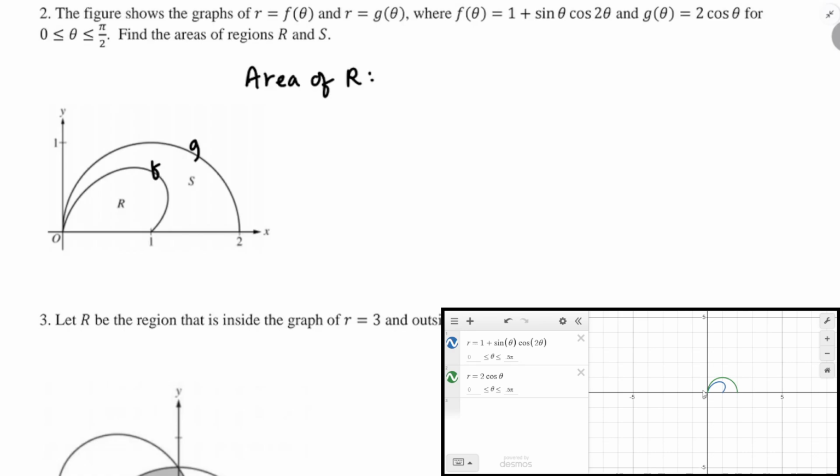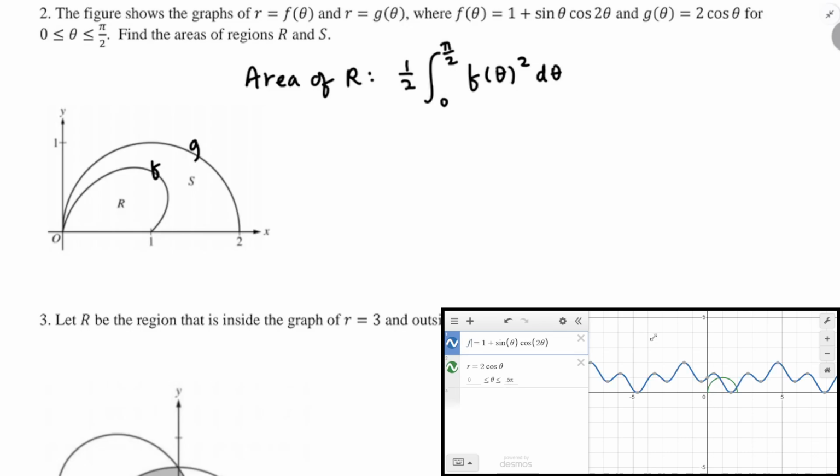Okay, so the area of region R, I'm just going to find by integrating f. So the area formula is 1/2 of the integral of r squared. So I'm just going to say f of theta squared d theta. It says from 0 to pi over 2. Now, what I'm going to do is, instead of r, I'm going to call this f of theta, and then it is going to change the graph and not be polar anymore, but I don't really care.